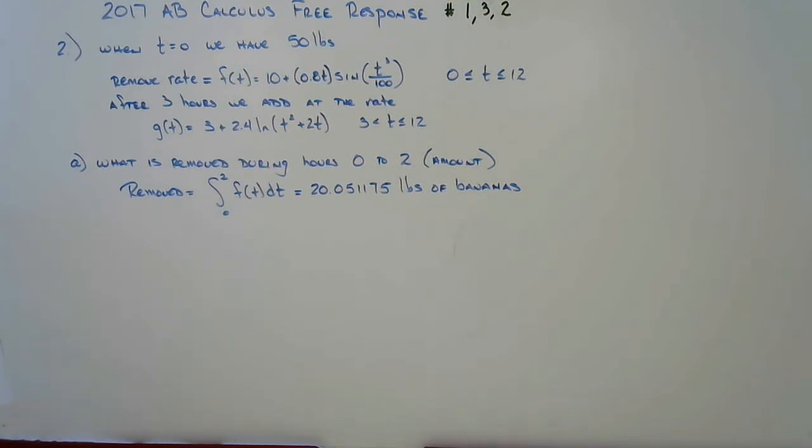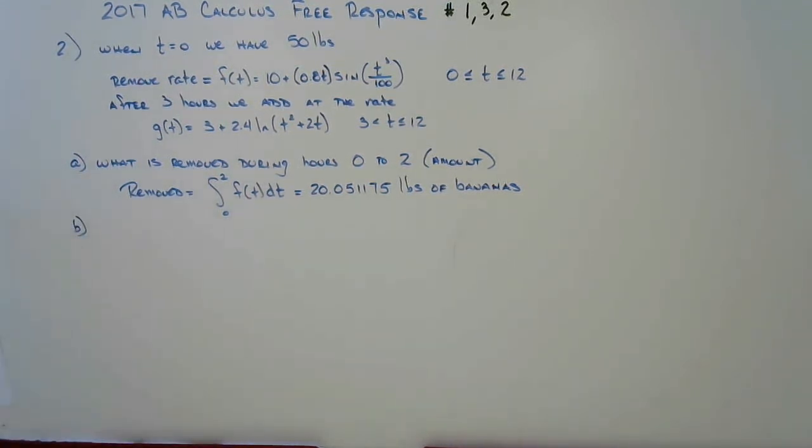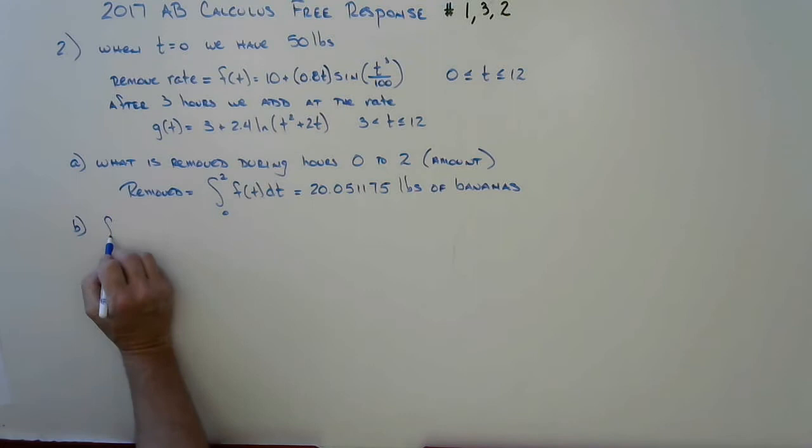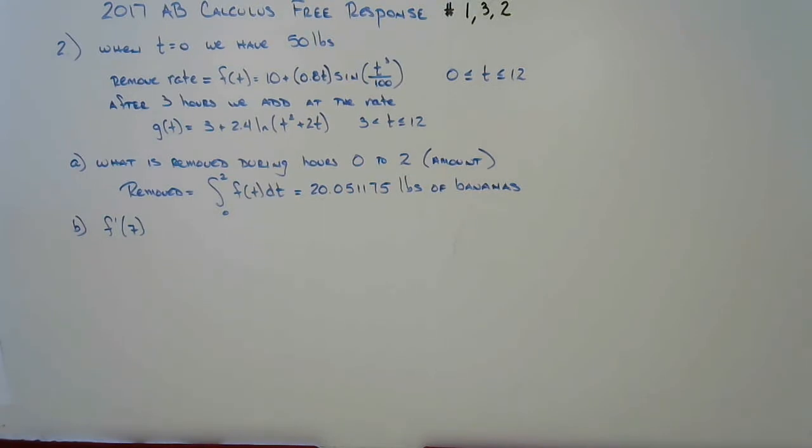Now, part B says, find f prime of 7, use correct units, explain the meaning of f prime of 7 in the context of the problem. Okay, so f prime of 7, that's the derivative of the removal rate, right?